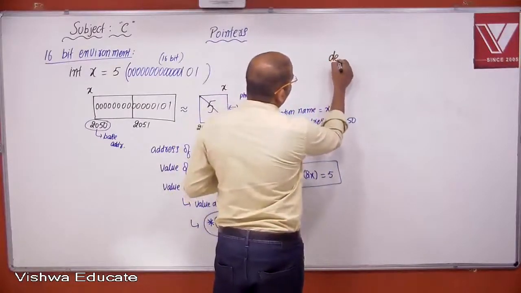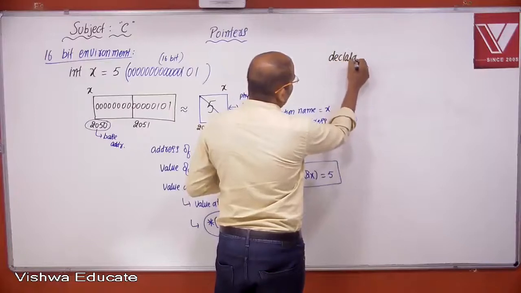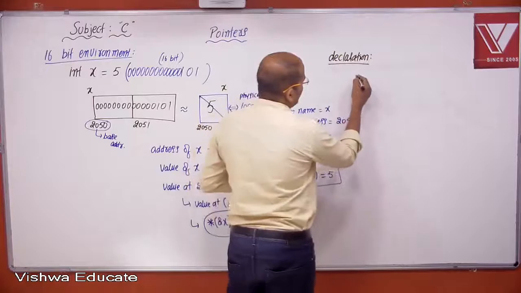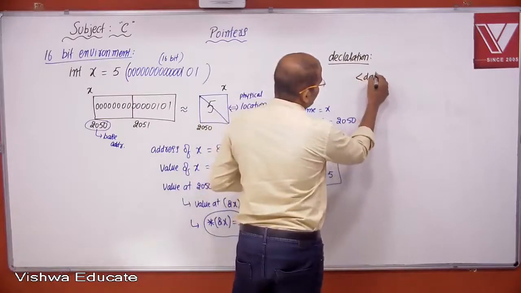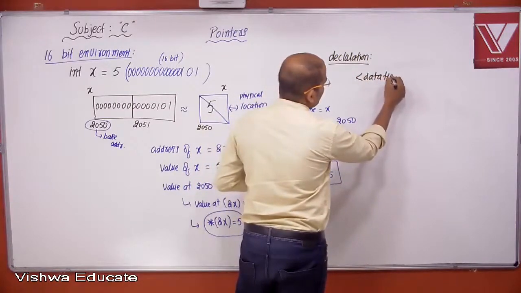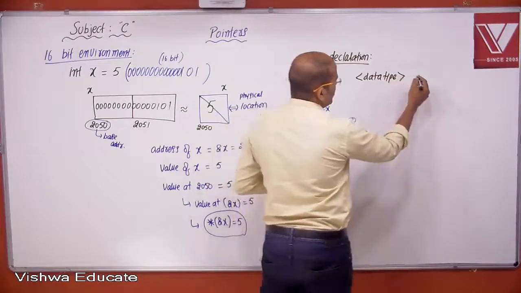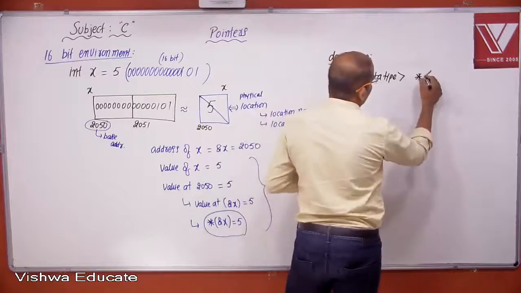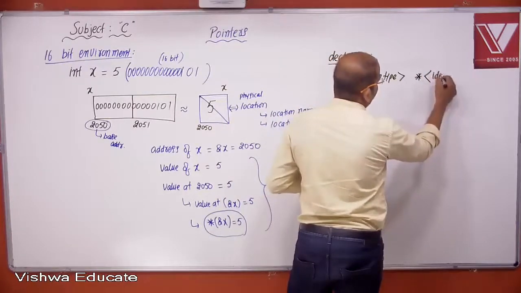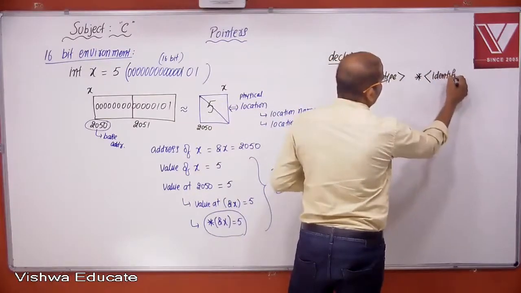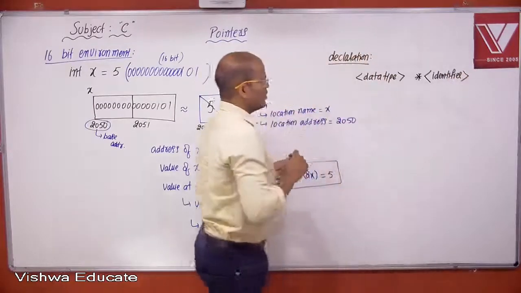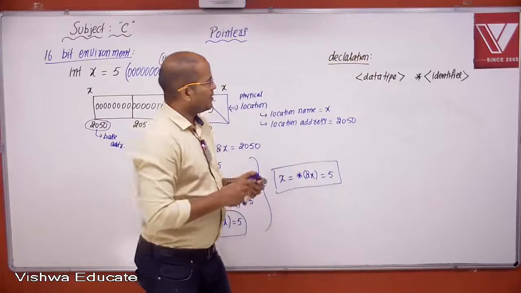So how do you declare a pointer? The declaration part: the data type, the asterisk symbol, and the identifier. Data type and the identifier.